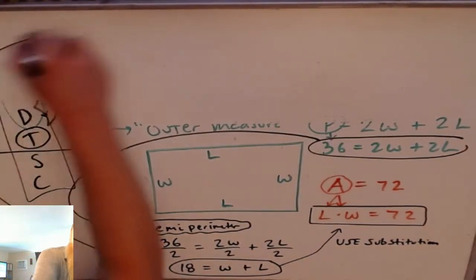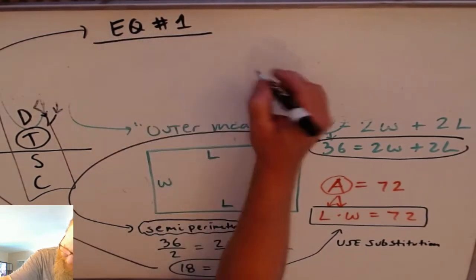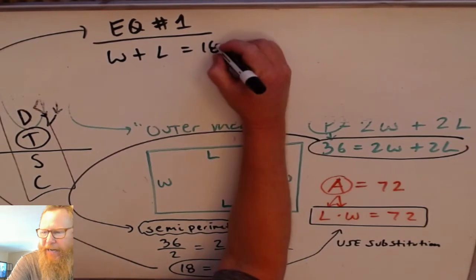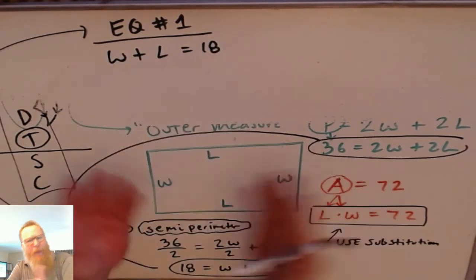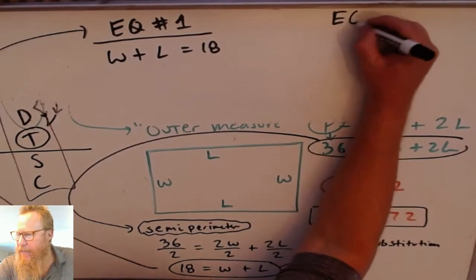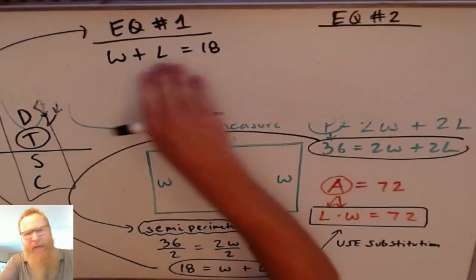So my first equation says W plus L equals 18. Notice how I'm writing it in a friendly form. I'm writing it right-handed. If you want to leave it backwards, that's fine. There's nothing wrong with being lefty. But I am right-handed. I read from left to right.